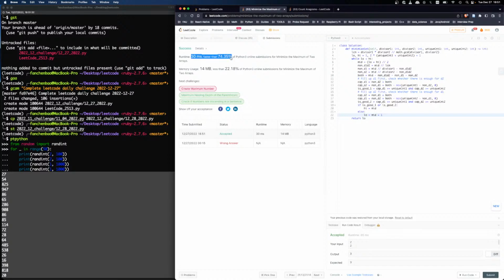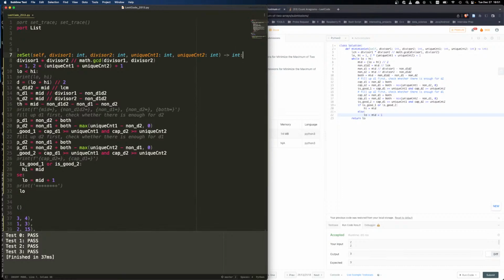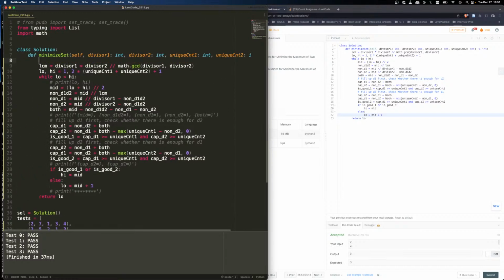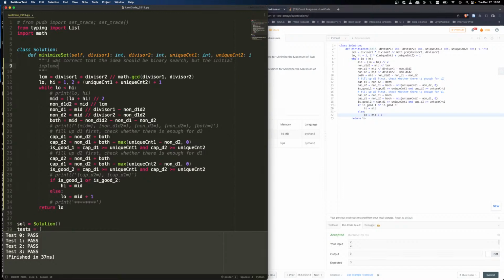Good problem. So I was right, but I was wrong at the same time. I was correct that the idea should be binary search, but the initial implementation was not correct.